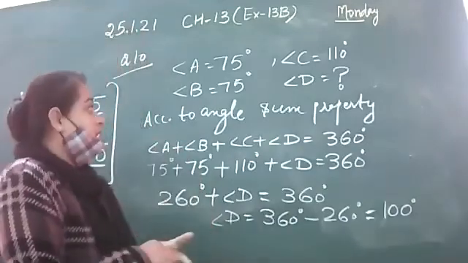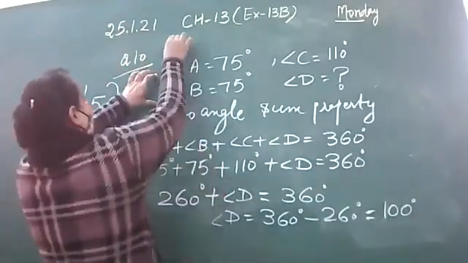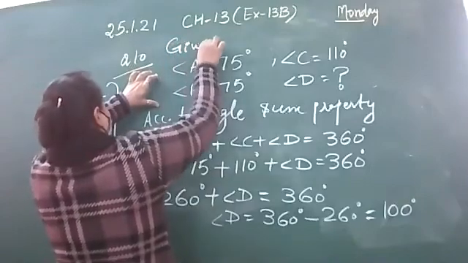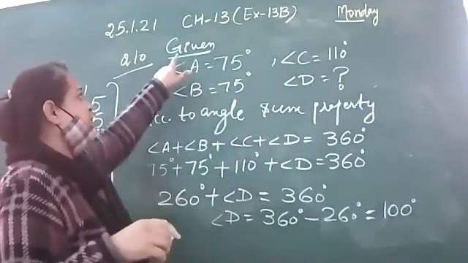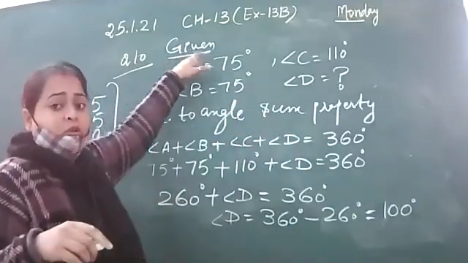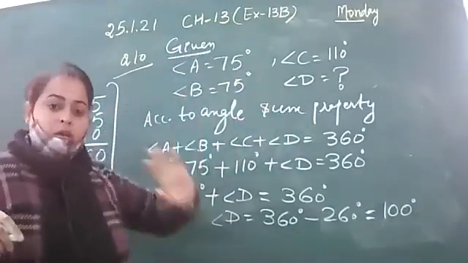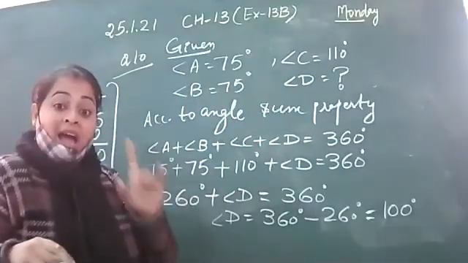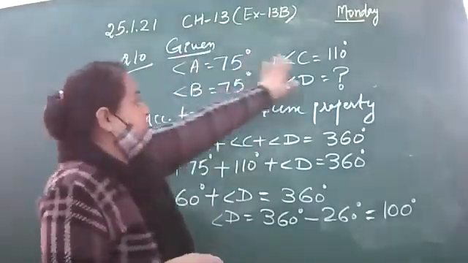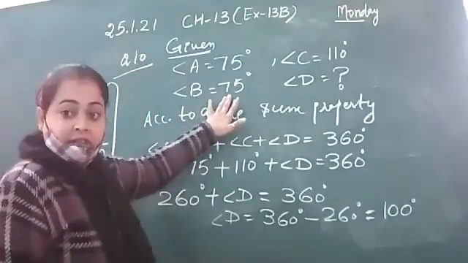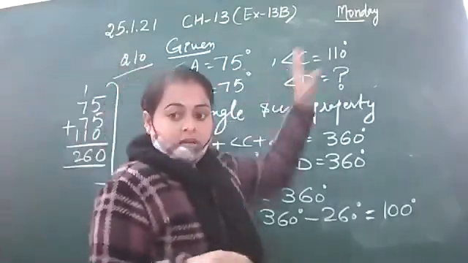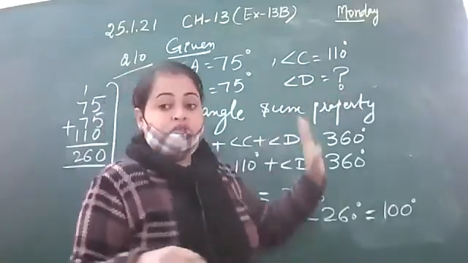Very much compulsory to write this given information. This word given is not compulsory. It is not necessary, beta, if you did not write the word given here, your marks will not be cut. No issue. But you have to write this thing. Angle A is 75. Angle B is 75. Angle C is 110. Angle D is question mark.